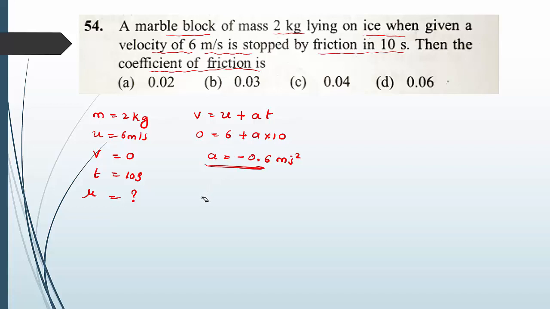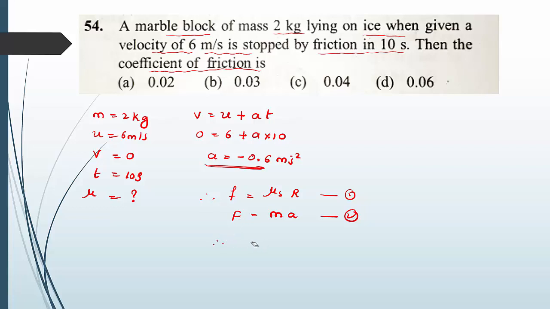So we go for friction. Here we can write it as mu s into R. Or we know the formula for force, F equal to ma. So here friction and force both are equal. That's why your marble block comes to rest.